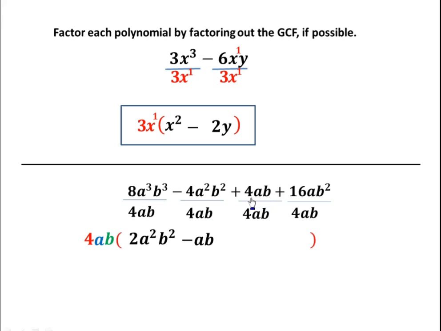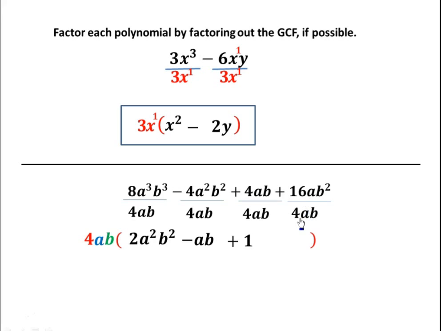Now notice this is just something divided by itself. 4ab divided by 4ab. Anything divided by itself is 1. The 4's cancel, the a's cancel, the b's cancel. Keep in mind this is division, so that's plus 1. And the last term, 16 divided by 4, so that's going to simplify, giving us a 4.